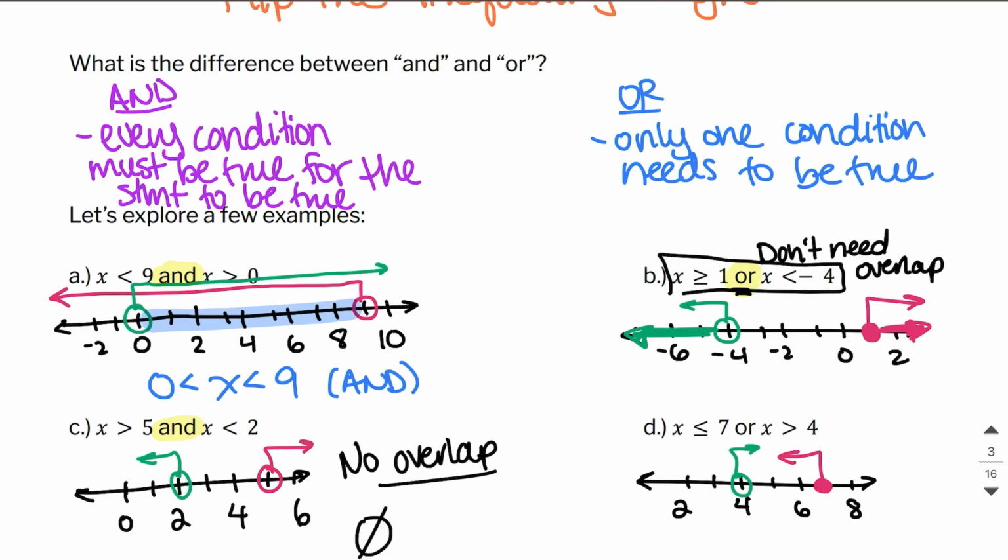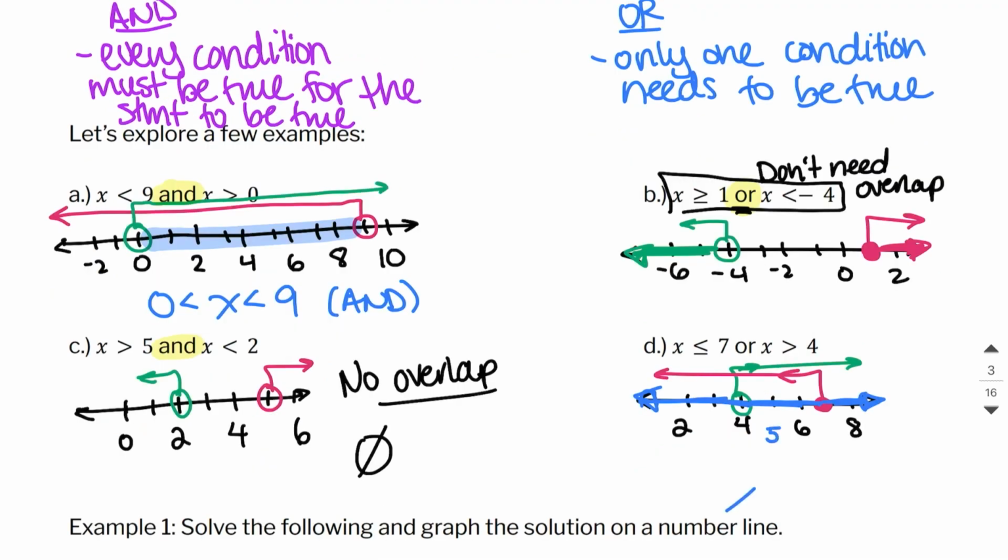A common mistake people will make is they'll say, well, I should shade in just between 4 and 7. However, because it's or, they don't have to overlap. So this goes on all the way forever here, and this actually goes on all the way forever here. So in fact, every single possible value of x is shaded in, right?